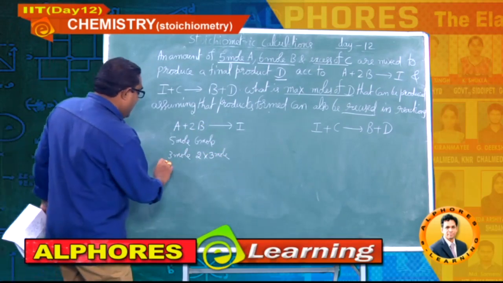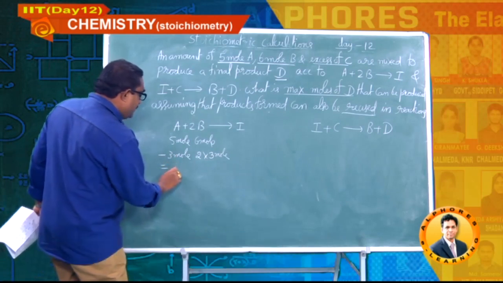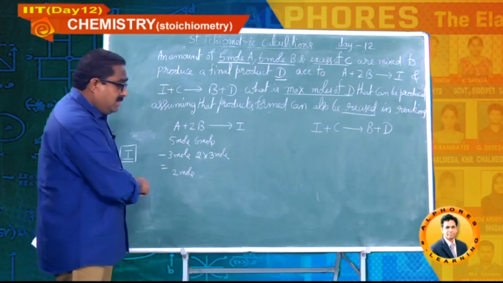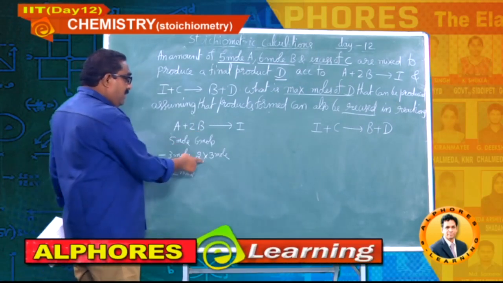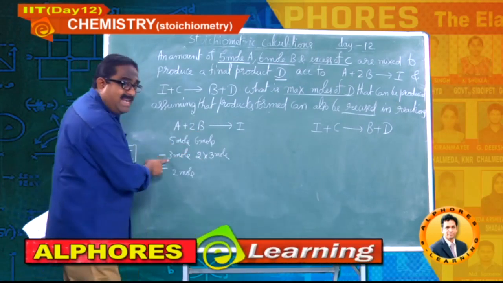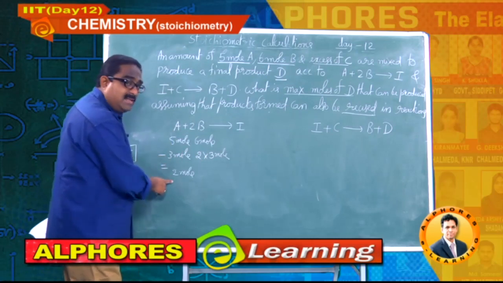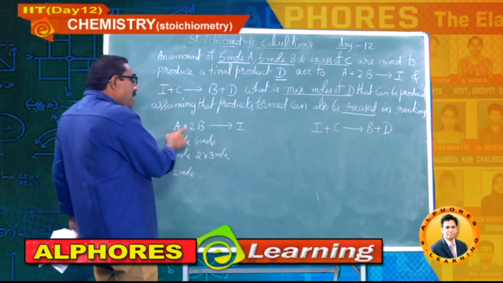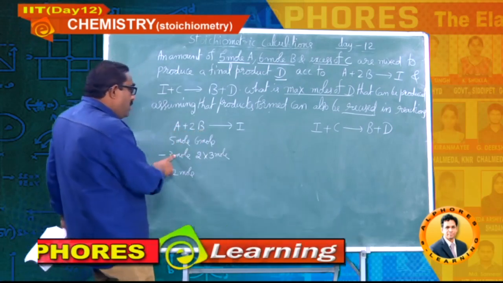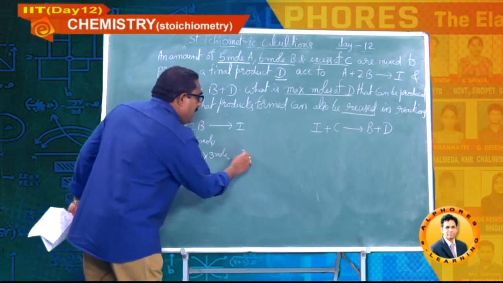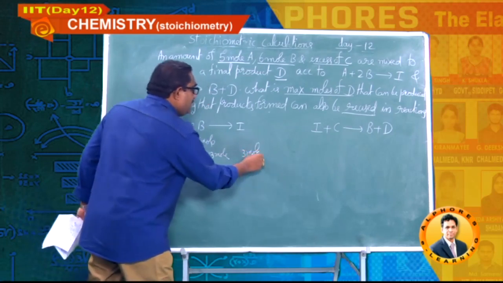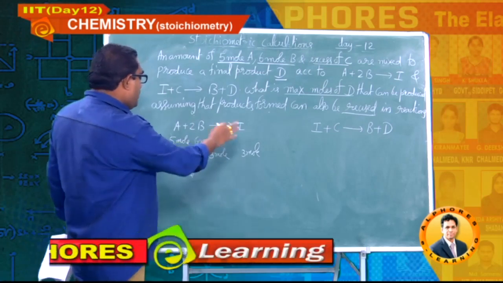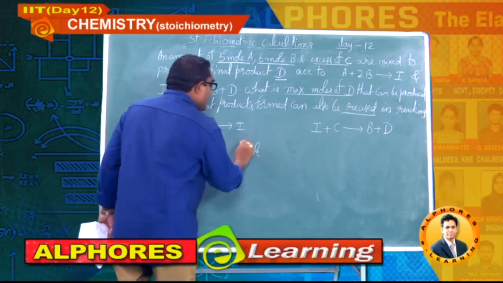Concentrate. How many moles will be left? Again 2 moles of A will be left, because here B is completely consumed, A is present in excess. How much excess is left? 2 moles. Leave it. Now 1 mole combines with 2 mole, so with 3 mole, 2 into 3, here you will get 3 mole of I. Now how many moles of I you will get here in the reaction?